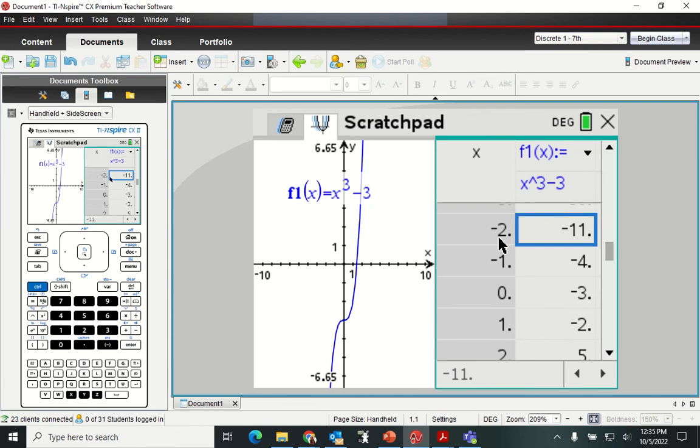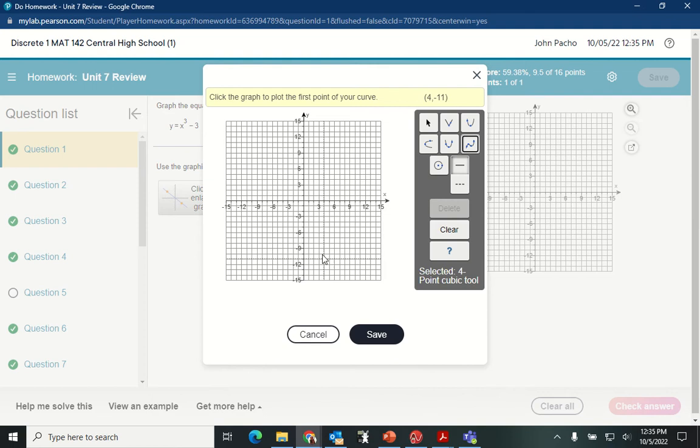So from my calculator, I'm going to pick -2, -11. So I'm going over here, -2, which is here. Now, if you notice right here, it says the coordinate here. So -2, -11. Right?